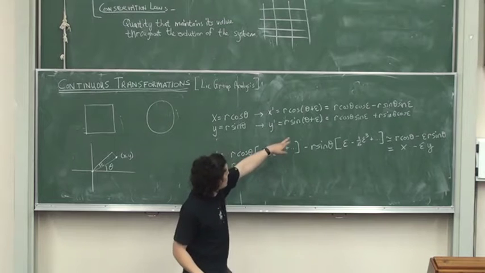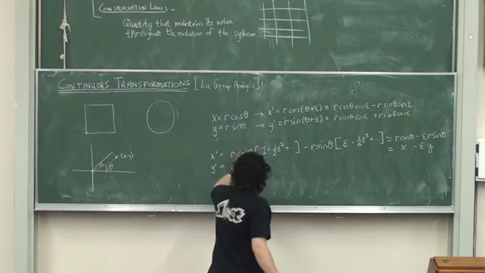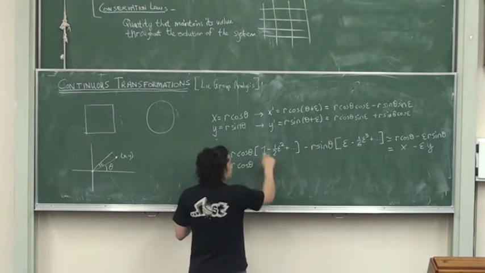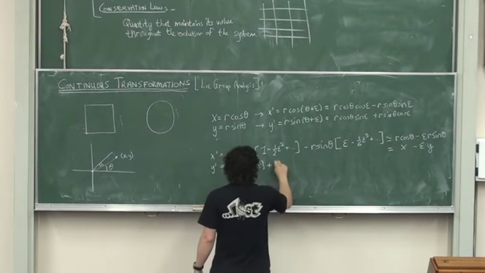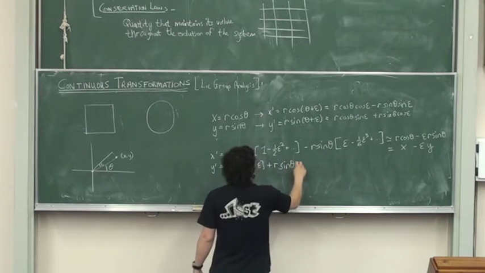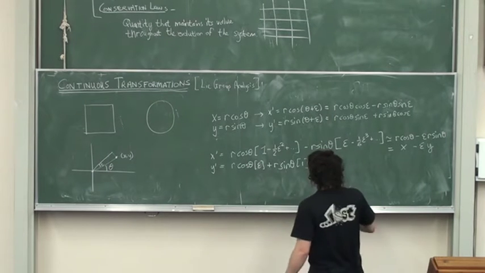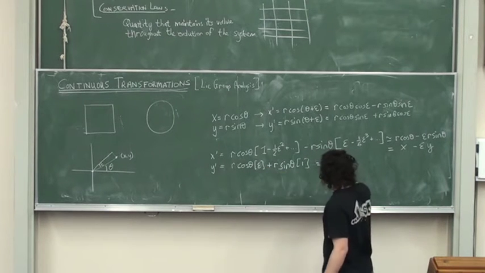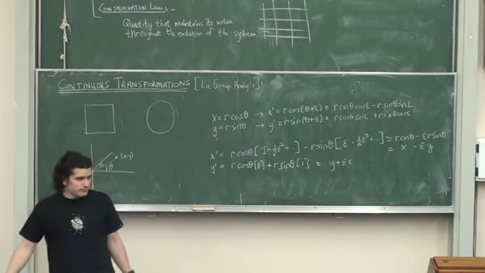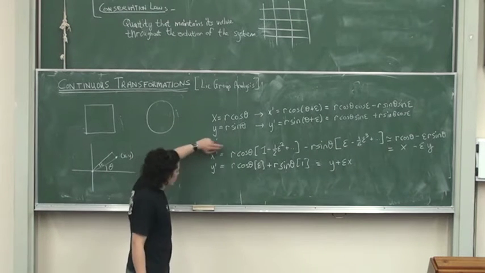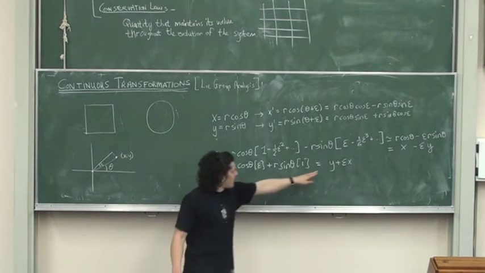I'm just going to take the first order part. r cos theta sin epsilon just looks like epsilon, plus r sin theta cos epsilon just looks like 1. So this is epsilon x plus y, or y plus epsilon x. So infinitesimally, a rotation operation looks like x going to x minus epsilon y, and y going to y plus epsilon x.